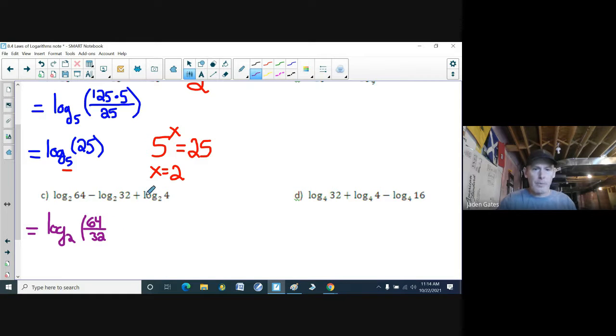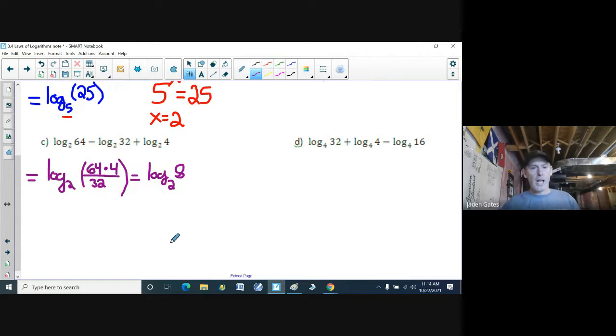But then I've got the plus 4, so I can multiply by the 4 on the numerator. Now to simplify, I take 64 times 4, which is 256, divided by 32, and I end up with 8.